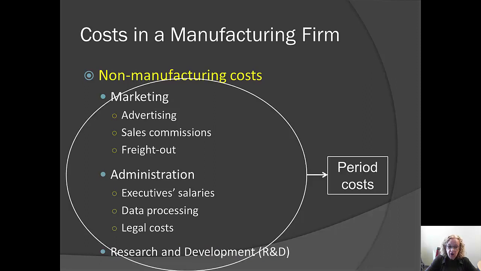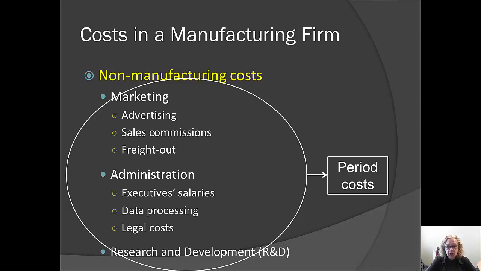All of these costs are treated as period costs. That means they go directly to the income statement this period, and next period we assume we'll have more marketing costs, administrative costs, and research and development costs, and we will recognize those on the income statement for next period.